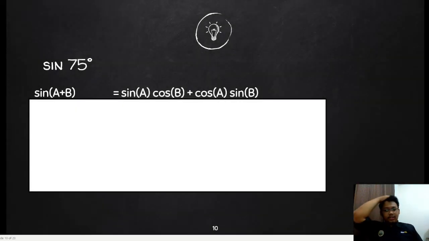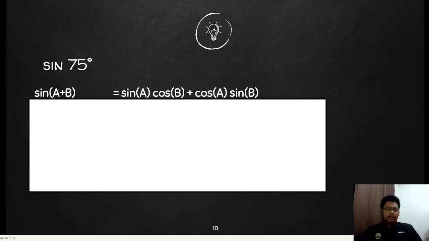So the first example I will give is sine 75. From the triangle above, we already know cos 30, cos 60, sine 45, cos 45, right? So from this formula, what can we add to get 75? I mean from the basic angles we already learned: 0, 30, 45, 60, 90, 180.